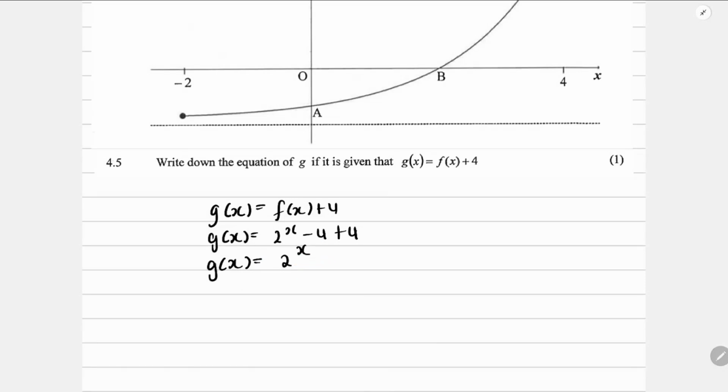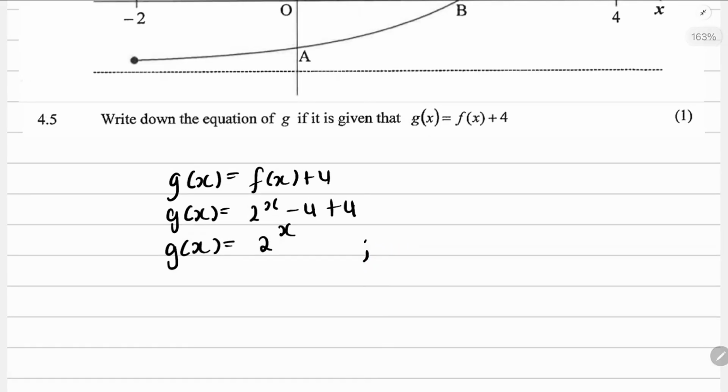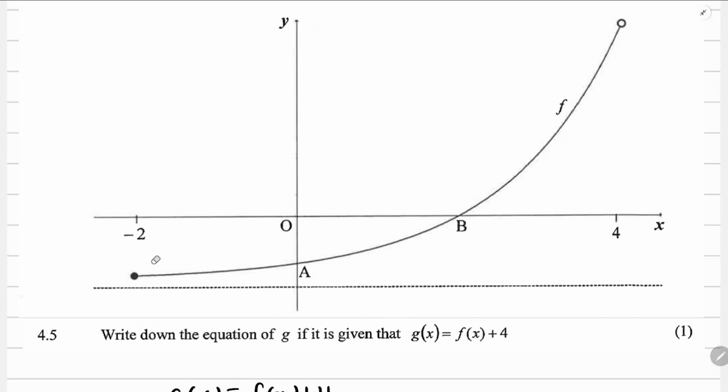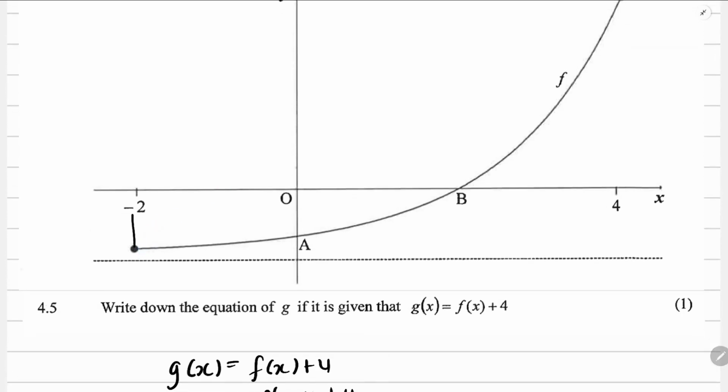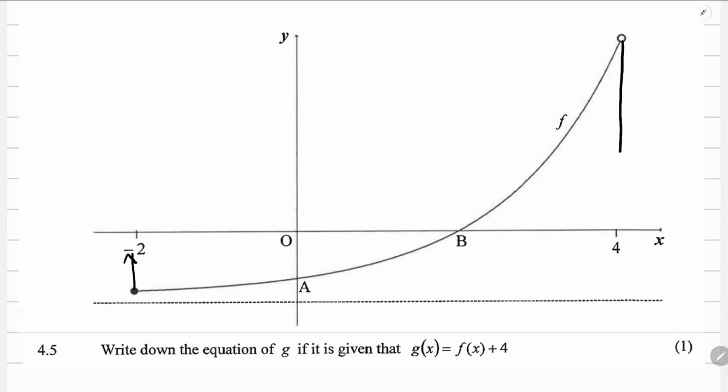Now, I know I already did this in that part, but I want to make sure that I include the domain as well, because the original function f was restricted. It can only go from exactly -2 to just before 4, not exactly at 4.